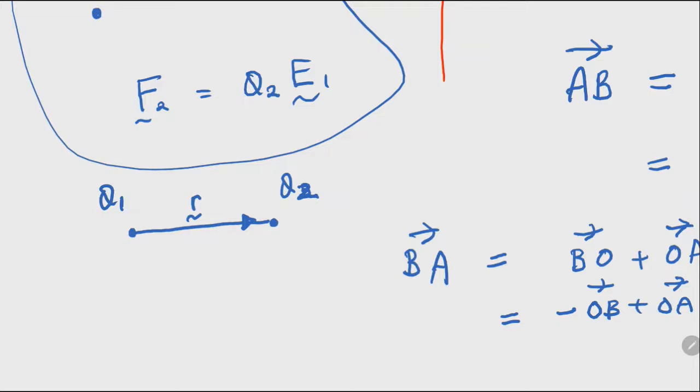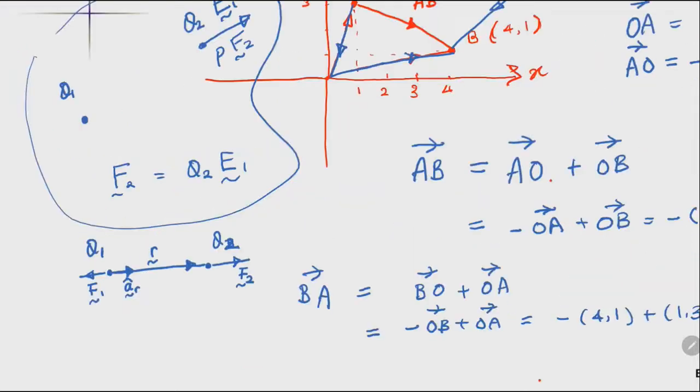Okay, so I'll define this force as F2 and this force F1. The two forces that you're going to define are going to be away from each other. Associated to this R, you have a unit vector.